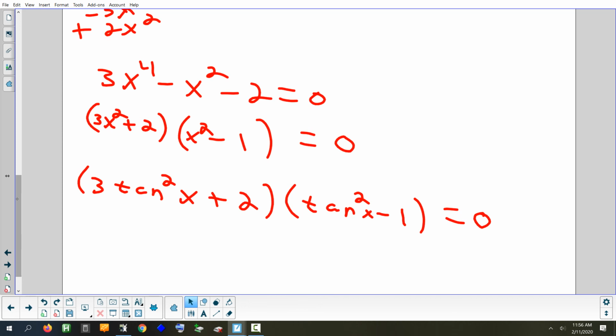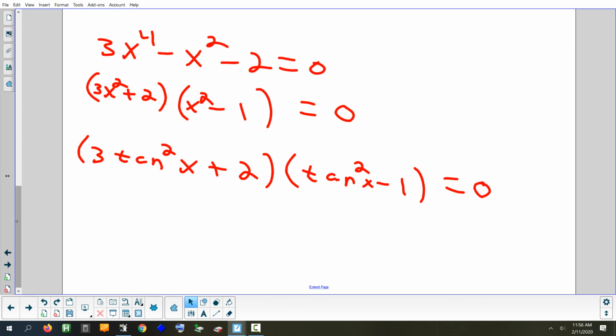Now, what do we do with each of those factors? Set them to 0. Let's do the right one first. No, let's do the left one. Watch what happens when you do the left. Try to do the easy one first to show you what happens. How would you move the 2 and then 3? Minus 2 divided by 3.